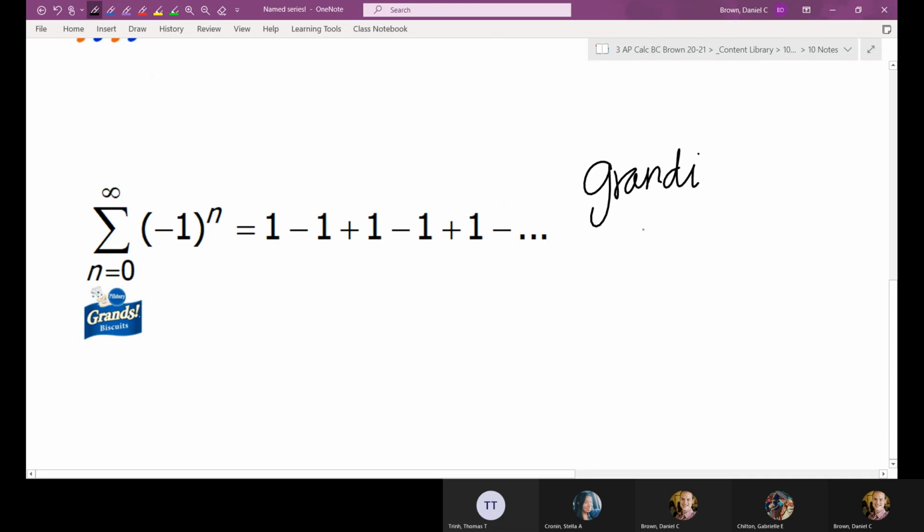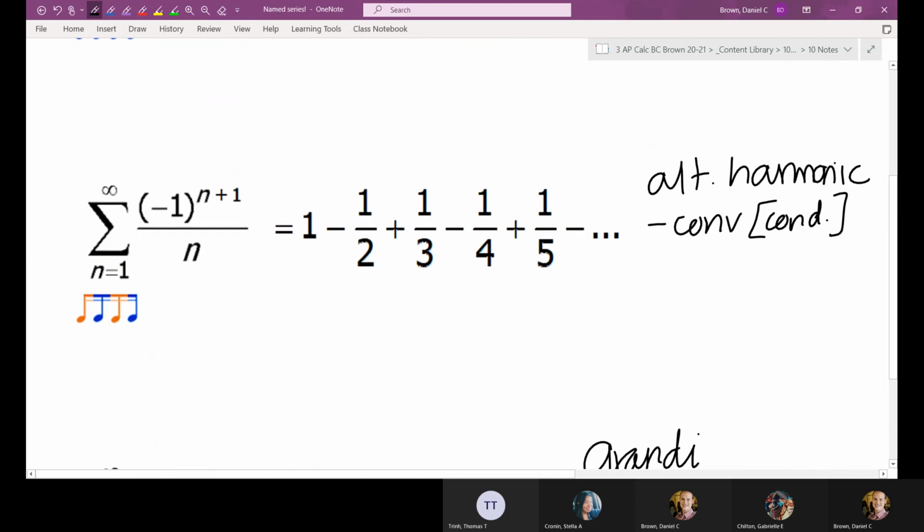It diverges, and technically you can use the nth term test to prove that. Not really one that's worth memorizing because it's easy to prove, but it does exist, and we know that it's going to diverge. So again, any of those three, you never have to justify your answer. You can just state what it is, and then state whether it converges or diverges.